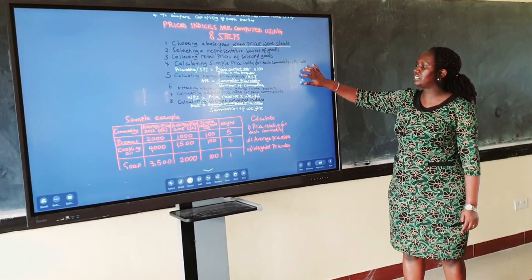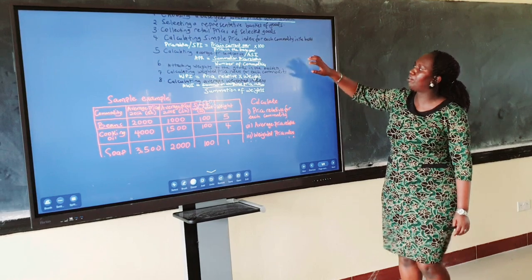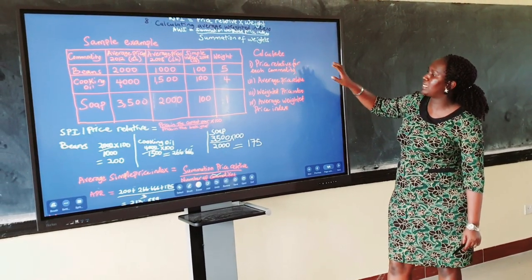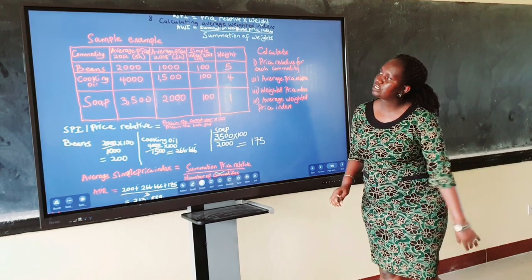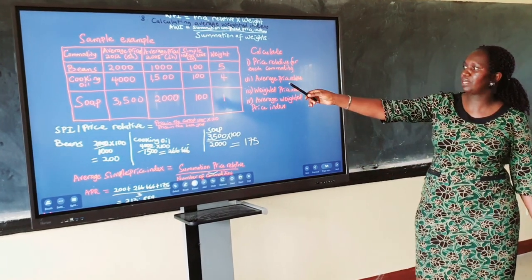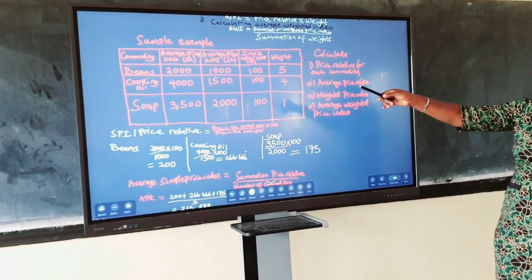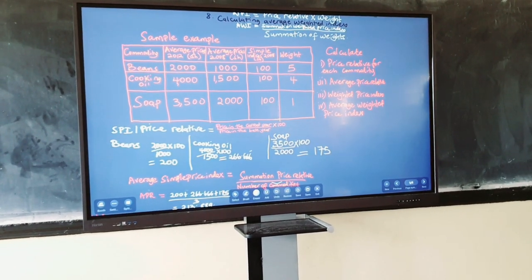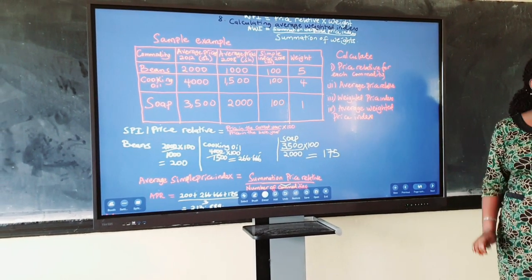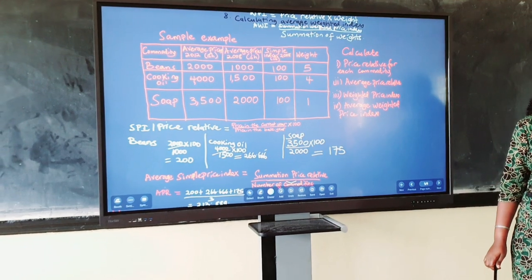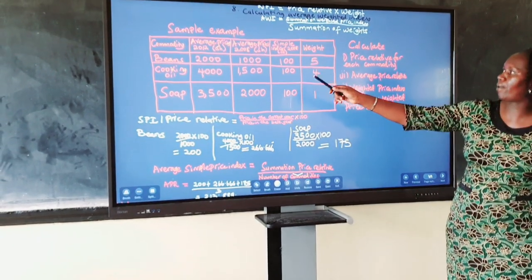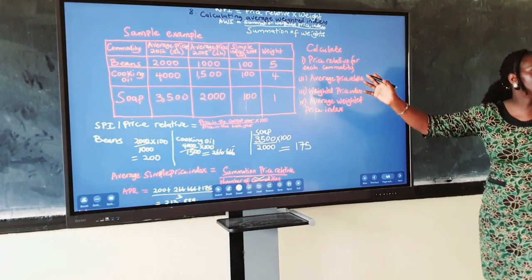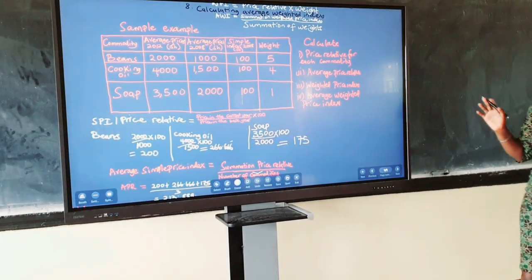So I'm going to use this table as a sample question to help us understand the concept. So from the table, beans, cooking oil and soap are the representative basket of goods. Now remember that we are collecting prices of goods, and those are the prices collected in 2012 and in 2008.